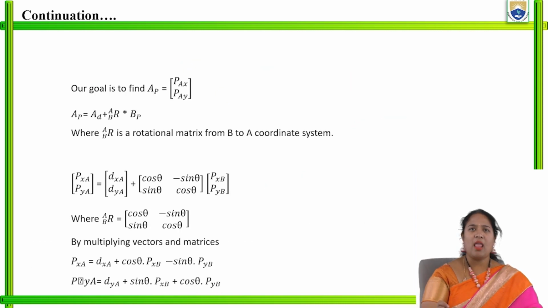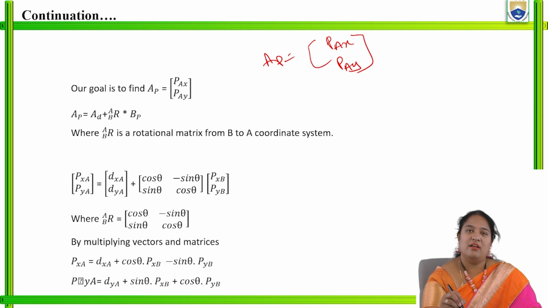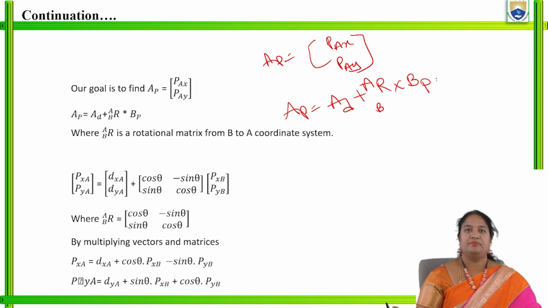When we consider the same in terms of coordinate A, AP will be equal to PAX and PAY. Now, how do we write this AP? It is nothing but the displacement vector of A plus the rotational matrix B to A into the vector B.